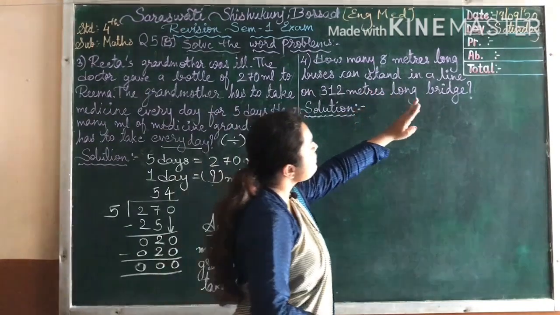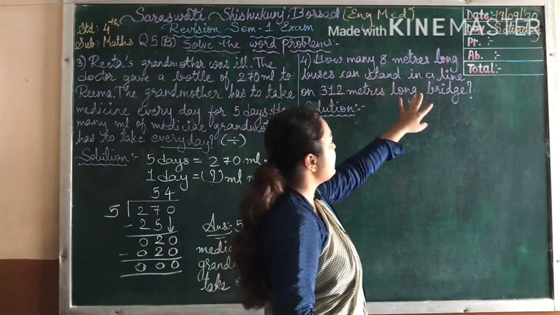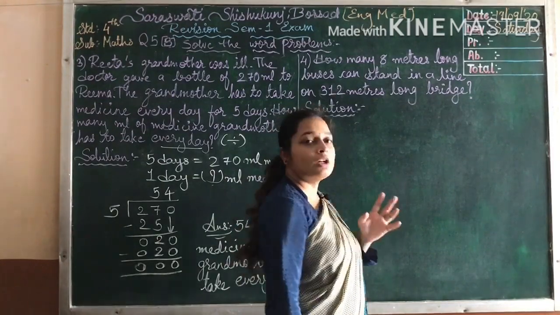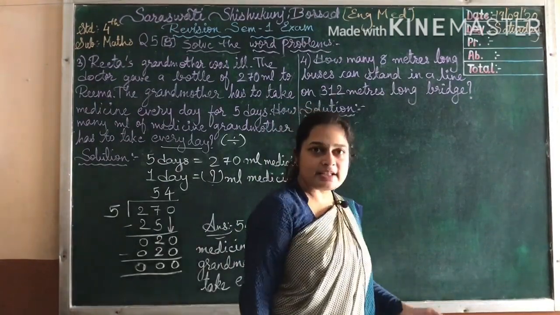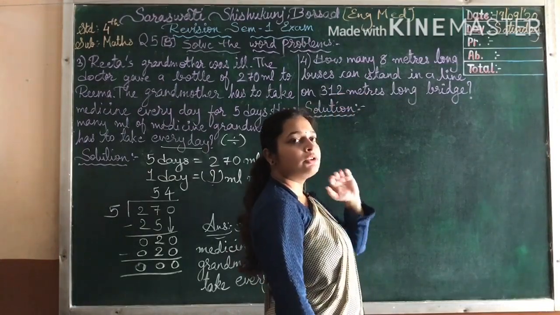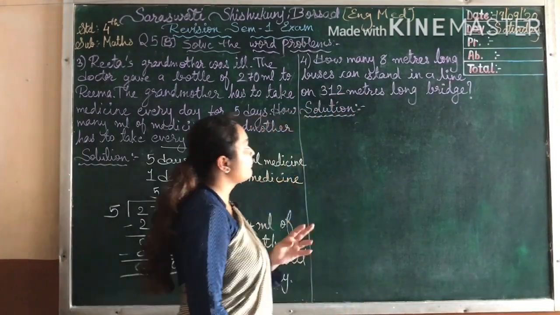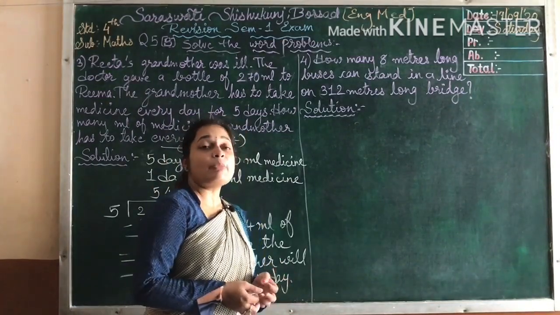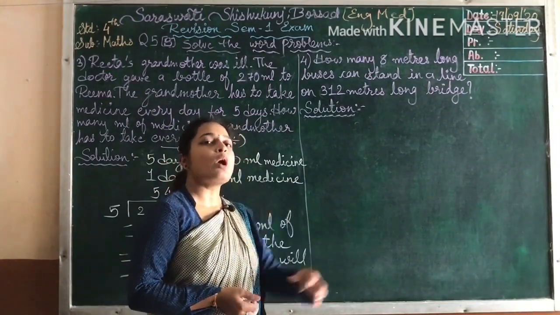How many 8 meters long buses can stand in a line on 312 meters long bridge? One bridge is there, right? And it is the length of 312 meter. Okay, and one bus length is 8 meter. So how many buses can stand on a one bridge?